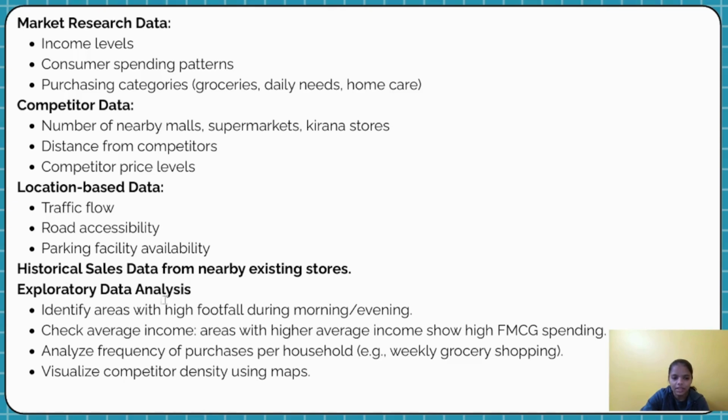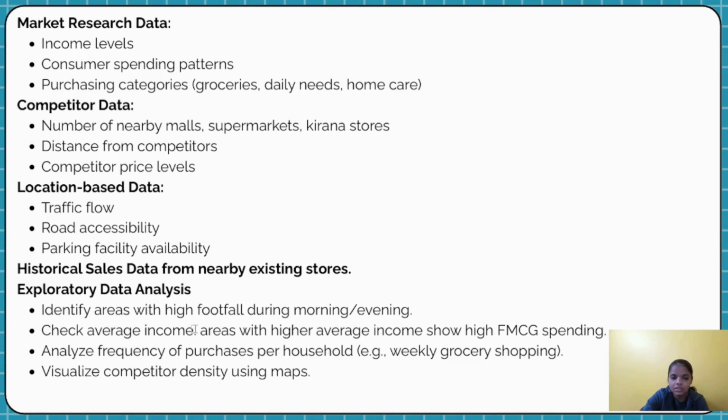exploratory data analysis. In this, identify the areas with high footfall during morning or evening. Now we have to check in which period, morning, afternoon, evening, or night, people most visit our store. Check the average income: areas with higher average income show higher FMCG spending.